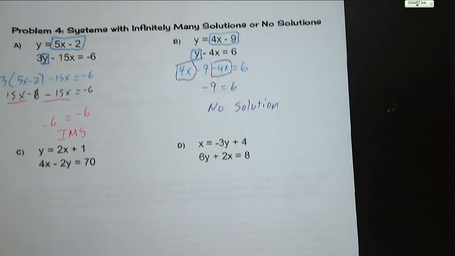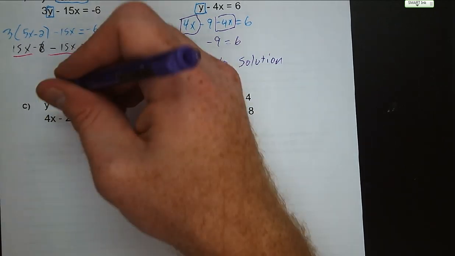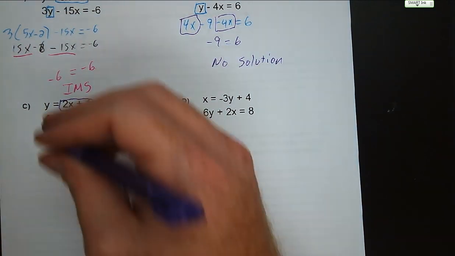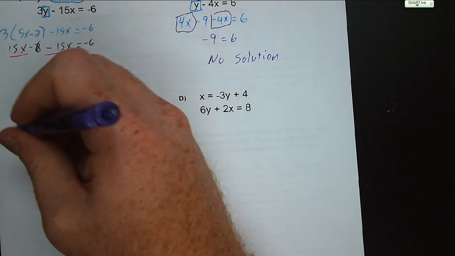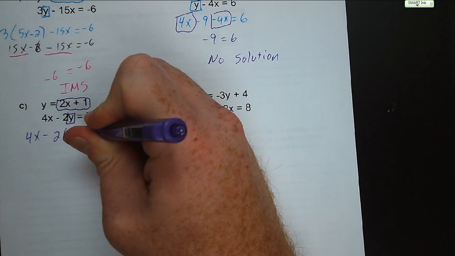I want you guys to try letters C and D, and then I'll go over them. So letter C, we have 2x plus 1 that we can substitute in for y. So we've got 4x minus 2 times the quantity 2x plus 1 equals 70.